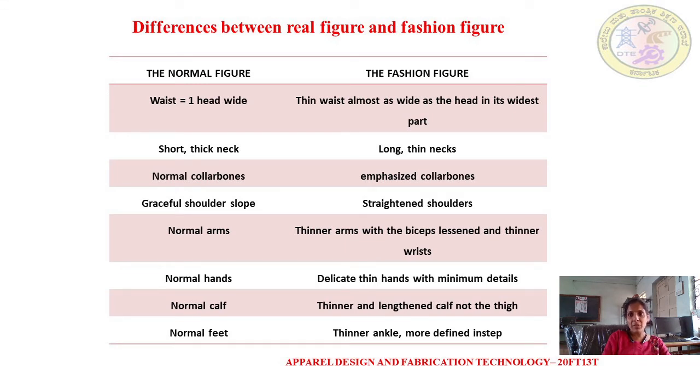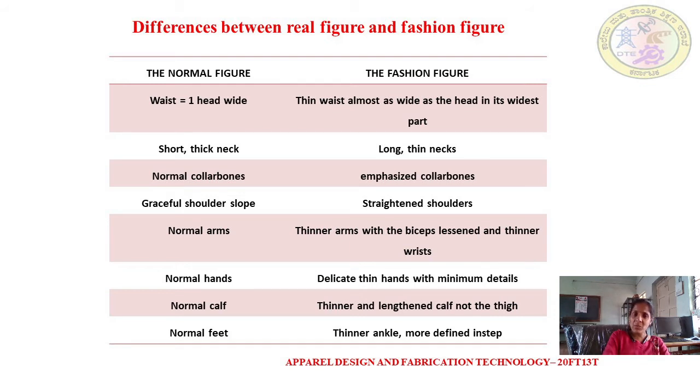The hands of the normal figures are normal in height and their girth measurements are also normal. The legs, calf, everything is normal. Compared to other abnormal figures, the features are normal in this.